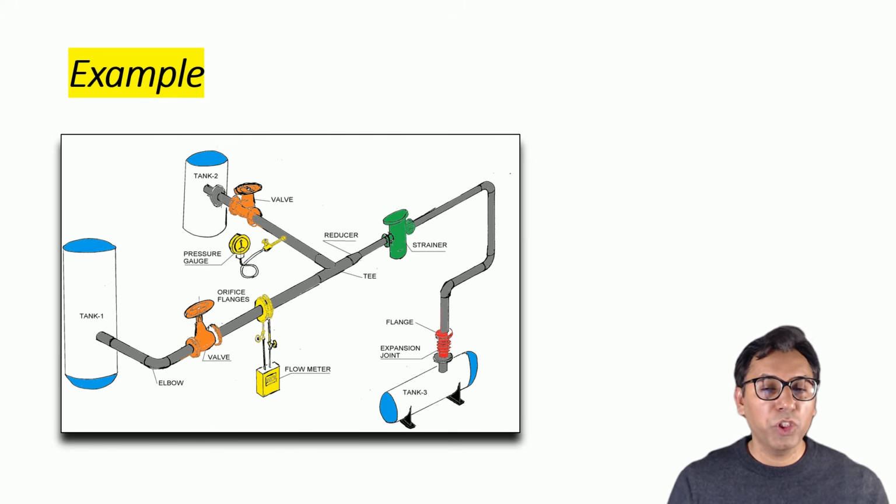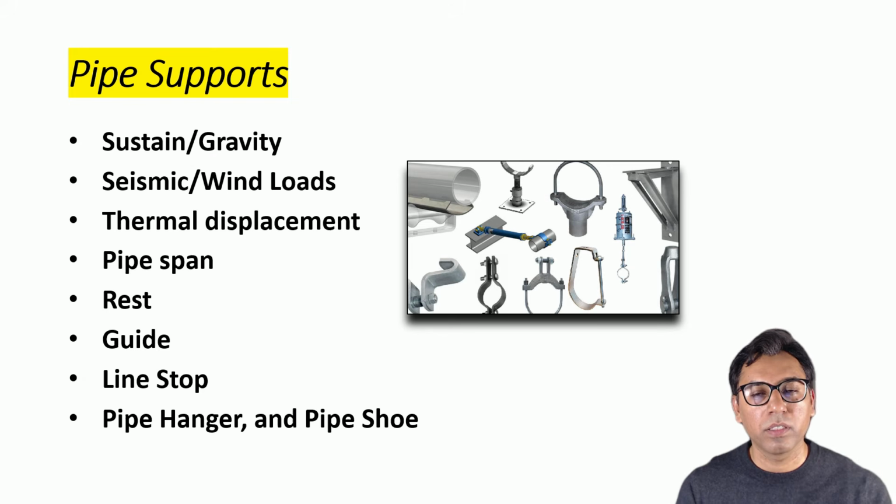First, before using them, let's talk about it and try to understand what piping supports are. We need different types of supports to give reliability to our piping systems for different reasons.